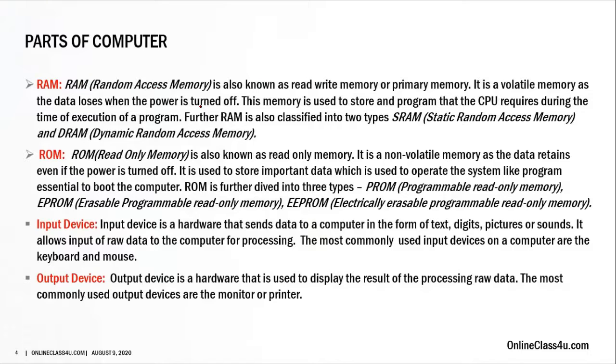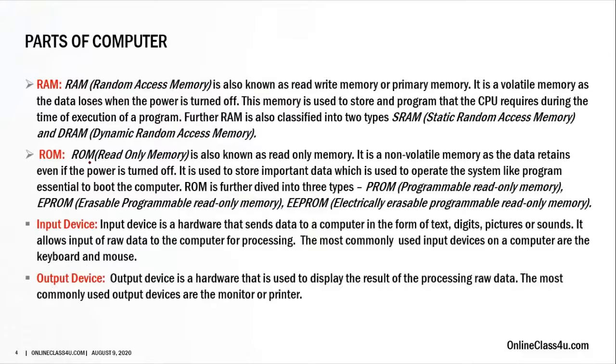Because of that reason, this memory is known as a volatile memory. That is, the data is temporary. We cannot store it permanently. That is why it is known as read-write memory or the primary memory. RAM is again of two types: static random access memory and dynamic random access memory.